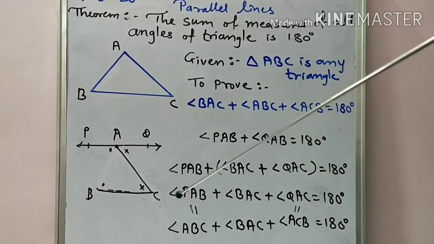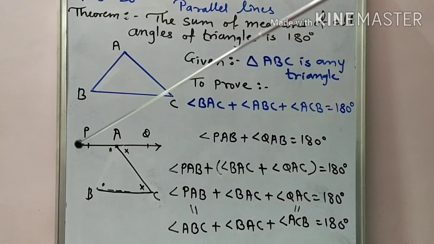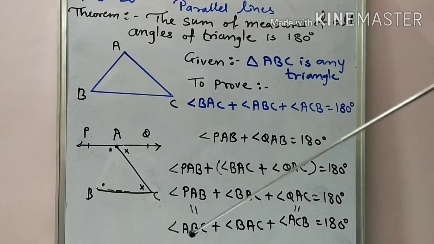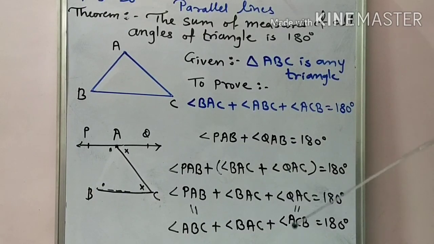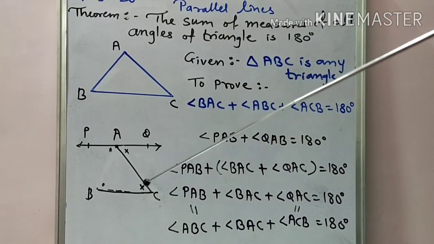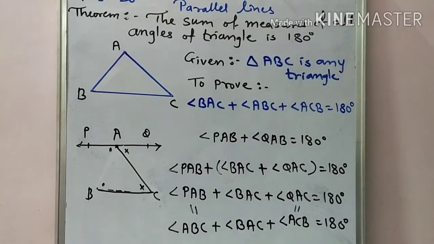First we replace angle PAB as what? Angle ABC, alternate angle, and here also we have an alternate pair of angles. So what we notice here is that angle ABC plus angle BAC plus angle ACB is equal to 180 degrees, which we had to prove, that the sum of measures of all angles of a triangle is 180 degrees.